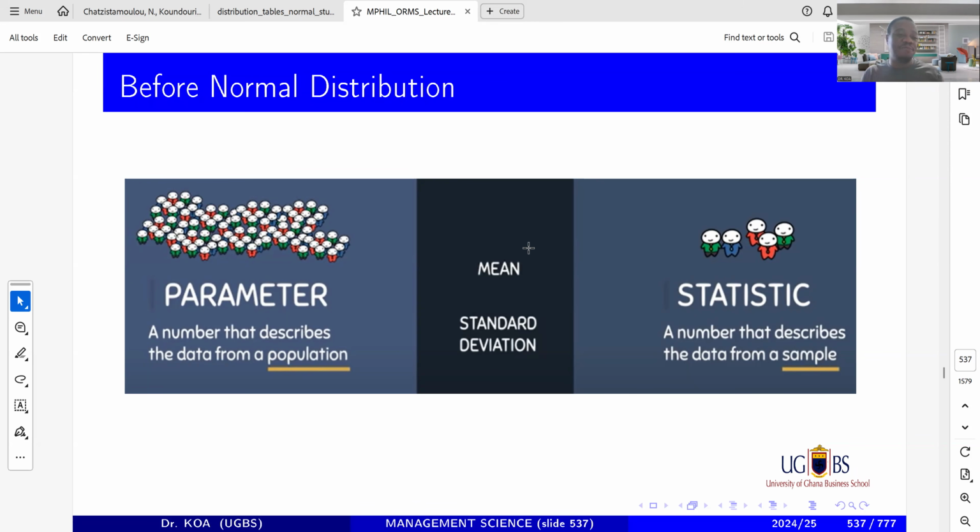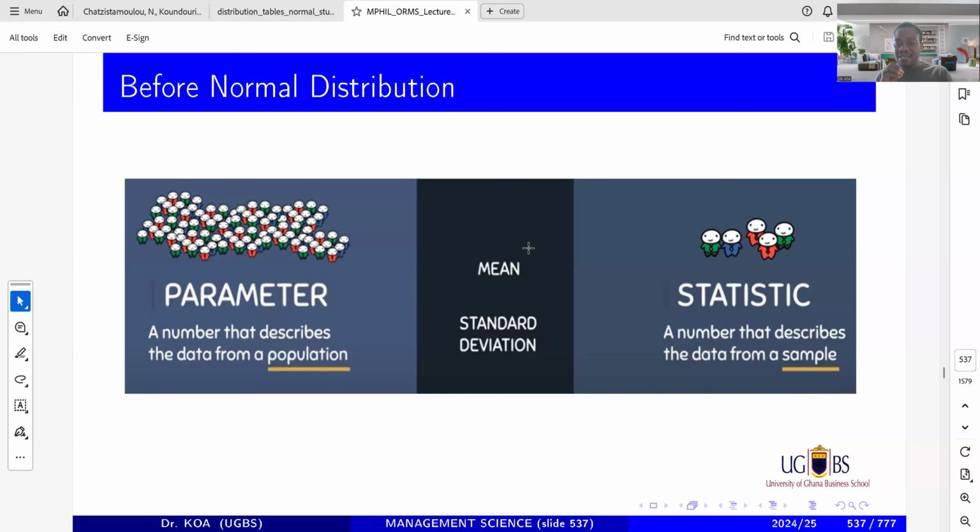Now, the last distribution we want to look at is the popular one, and that is the normal distribution. But before we do that, let me remind you of a few things. There's a difference between the word parameter and a statistic. A parameter is a number that describes data from a population.